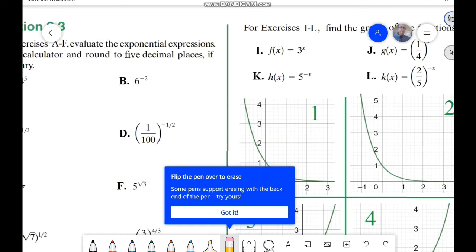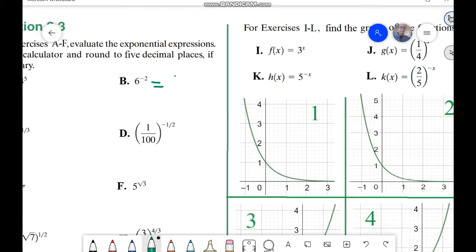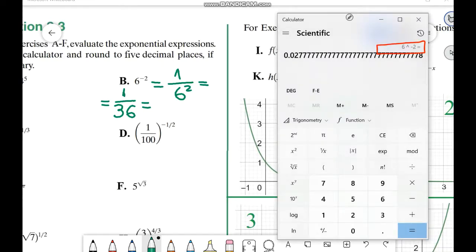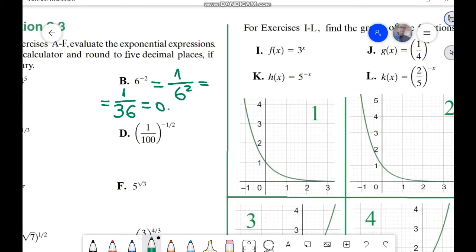It's going to be 1 over 6 squared, right? And this is equals 1 over 36. And if you try 1 over 36 on the calculator, because the question is to evaluate the expressions using the calculator, 1 divided by 36 equals the same thing, 0.027778.